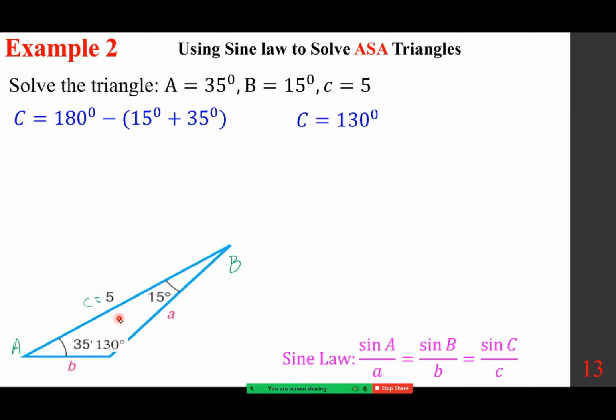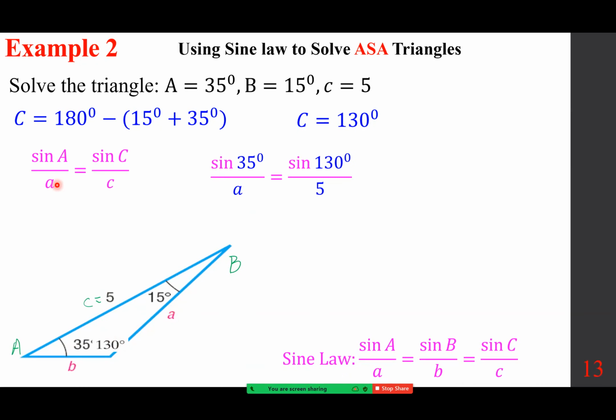And now if I use sine a over a, I can find the missing a. So sine a over a, we know that capital A is 35 degrees. We know that lowercase a is missing. And we found the uppercase C to be 130 degrees and lowercase c was given as 5. And as you can see, a would be the product of these two divided by that.